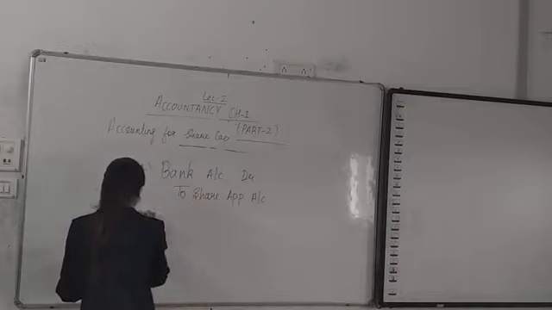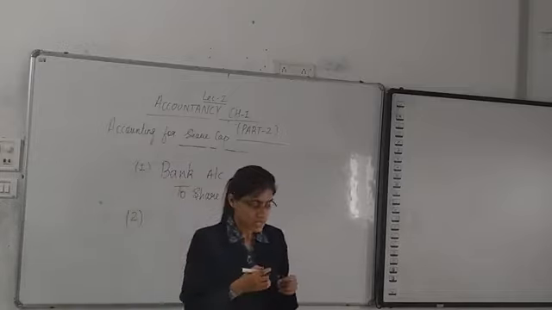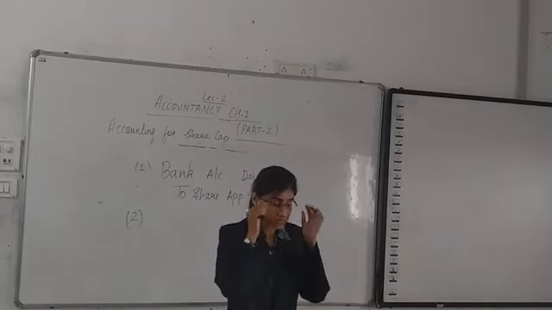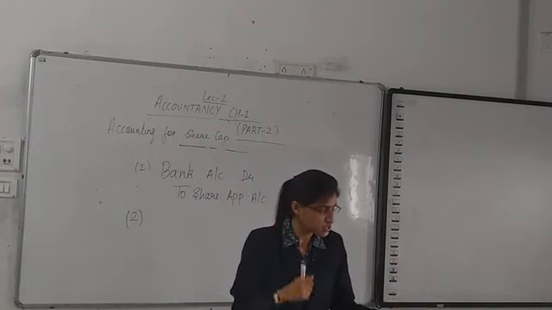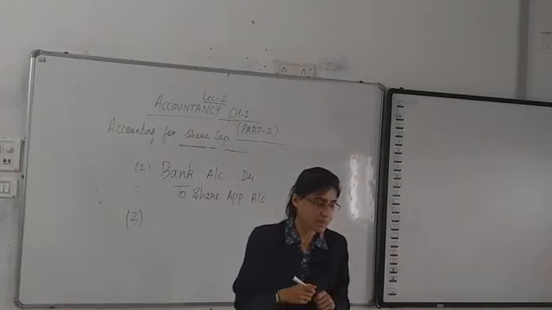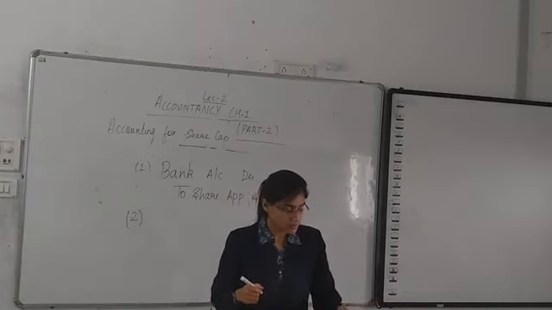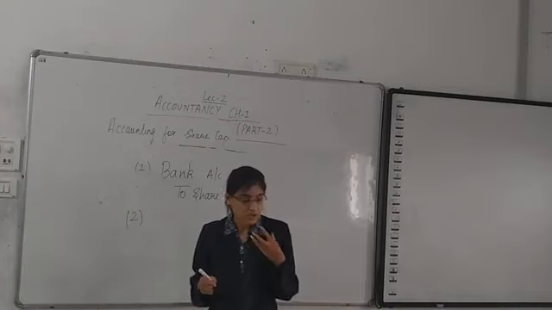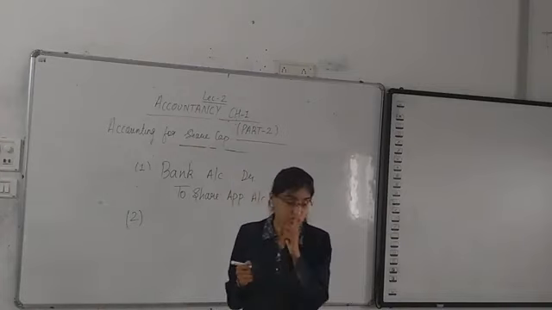So the second journal entry, and in your textbook it says when applications are received. Sorry, now the second journal entry, please turn the page. You have a journal entry over there, share application account debit to share capital account. This is when the amount of share application is transferred to share capital account.